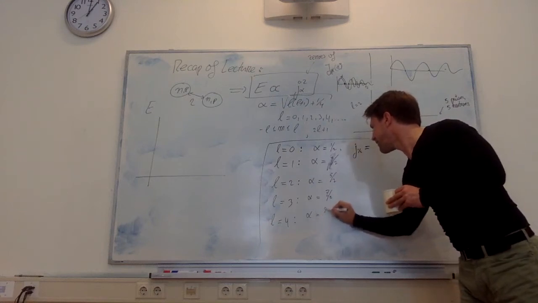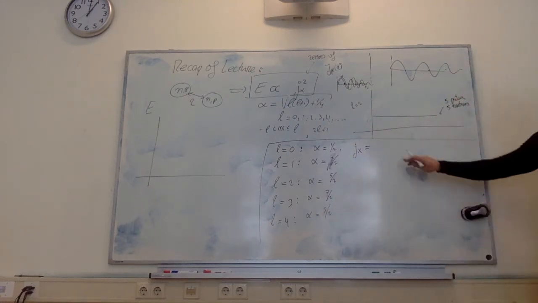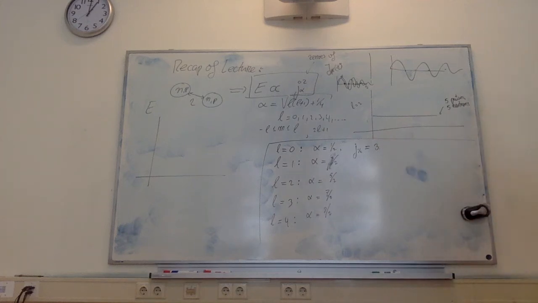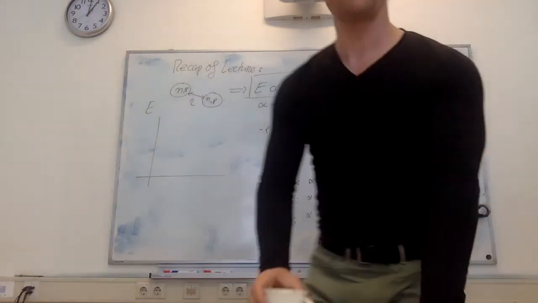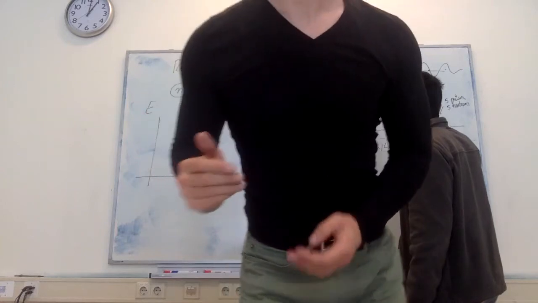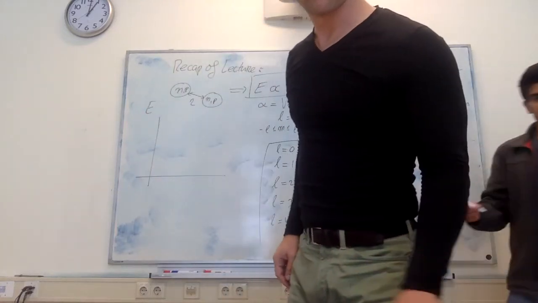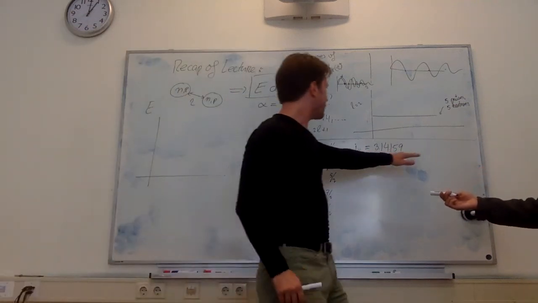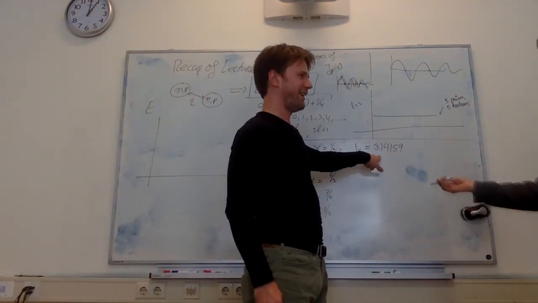So the first one is 3.14159. You know what? Would you mind writing them down? Who was doing some other ones? Just take one, who cares? That's exactly what I was saying.